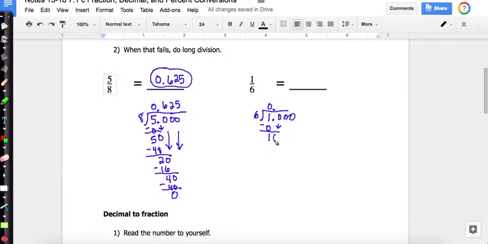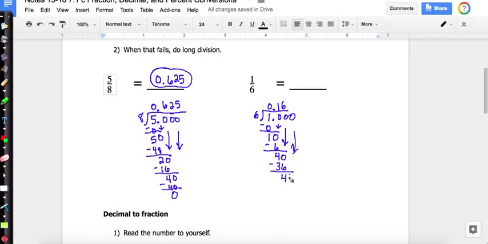And bring down. 6 goes into 10, 1 time. 1 times 6 is 6. 10 minus 6 is 4. Bring down a 0. 6 goes into 40, 6 times. 6 times 6 is 36. 40 minus 36 is 4.